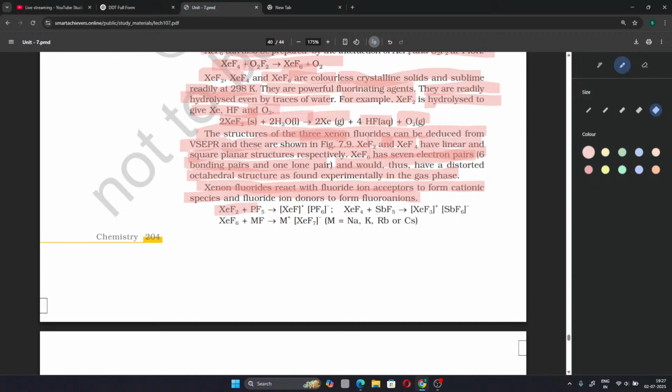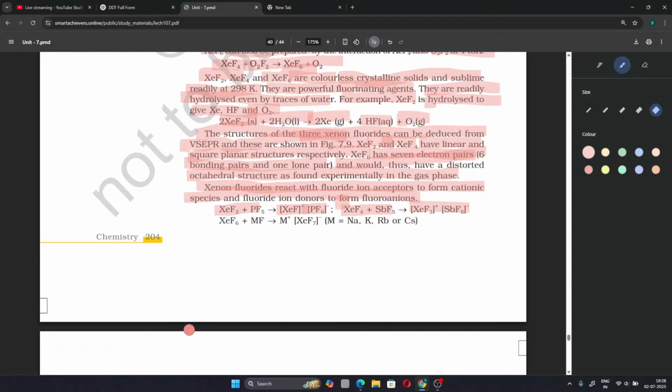XeF2 plus phosphorus pentafluoride will give XeF plus cation and PF6 minus anion, or XeF4 plus antimony pentafluoride will give a similar cation and anion.